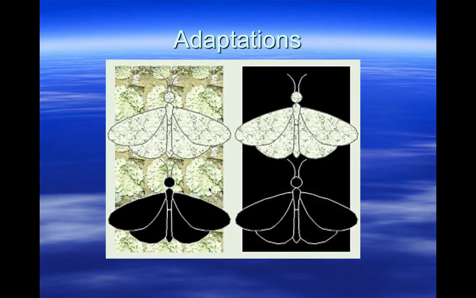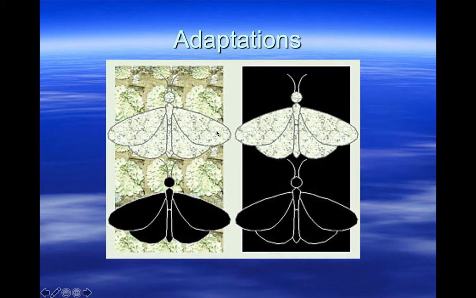So here's an example of an adaptation that's helpful in one environment and not in the other. Being a white-peppered moth was helpful in this environment because the trees were all white. You have two types of moths here, the black and the white pepper. The black ones were easily seen by the birds, so they were picked off.